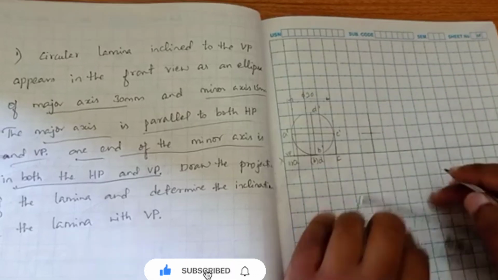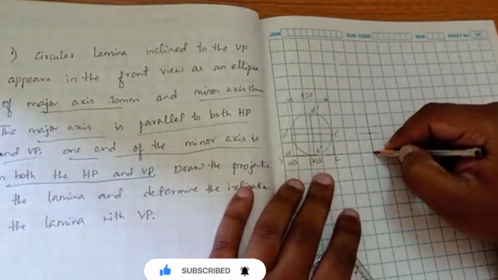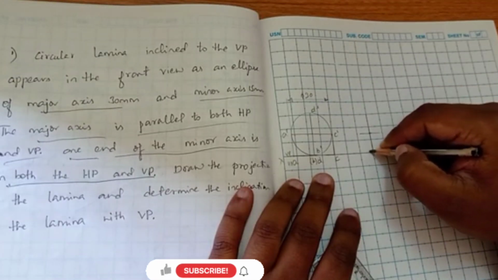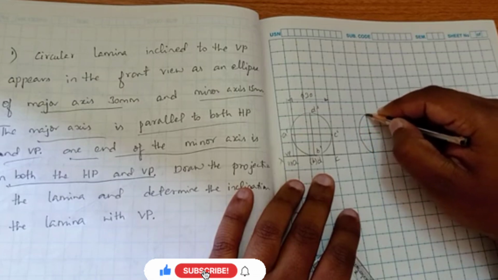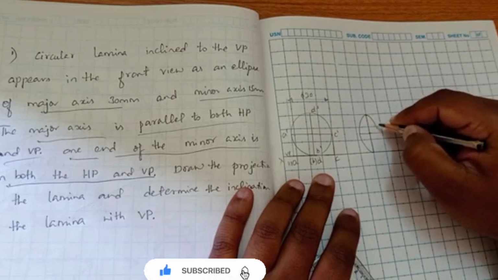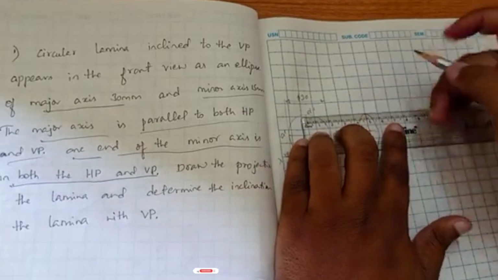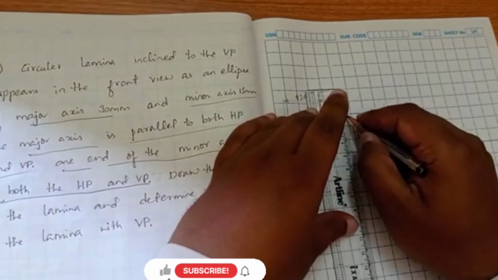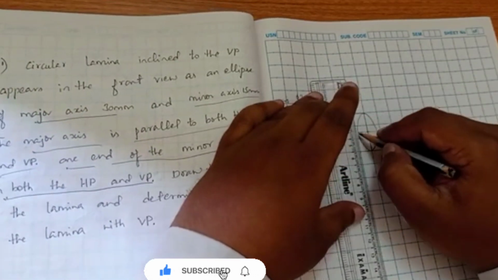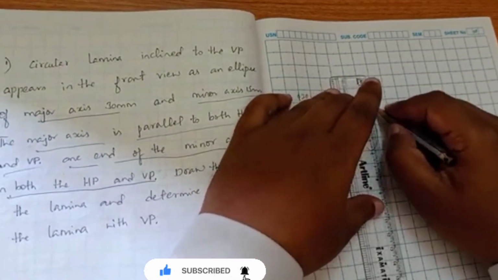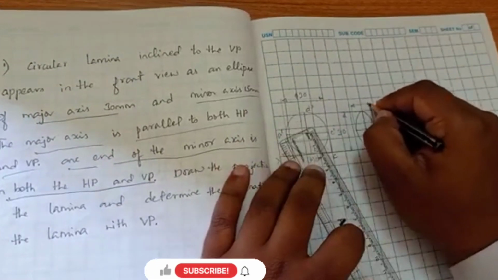So you can see that these are the major axis and these are the minor axis. Now with respect to this we have to draw an ellipse here. Okay, so this is the ellipse with the major axis 30 and with the minor axis 15.